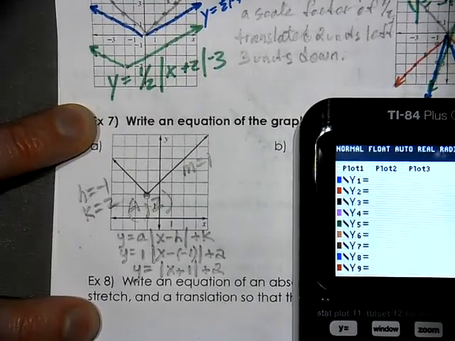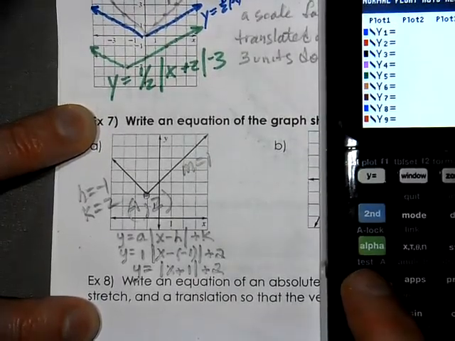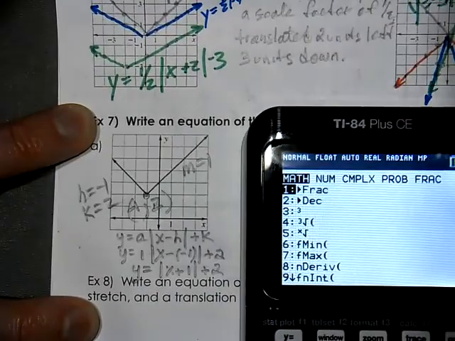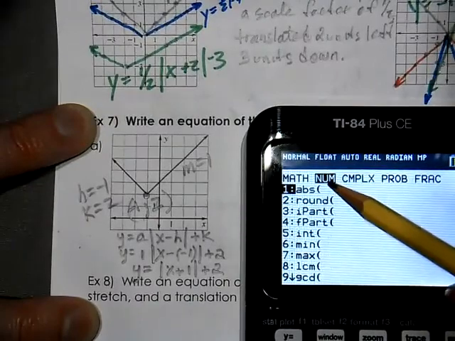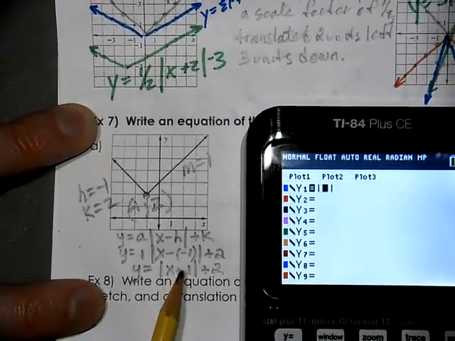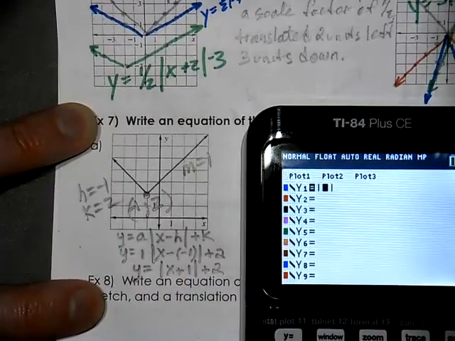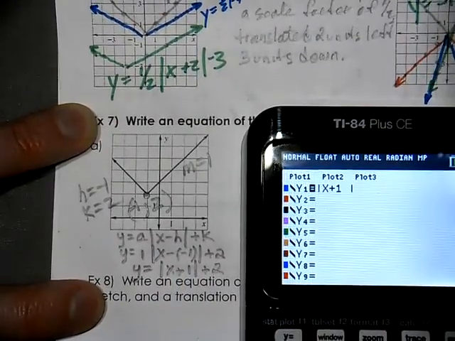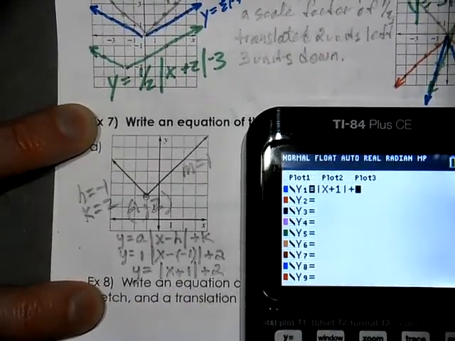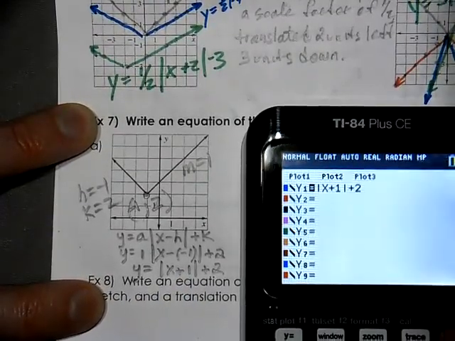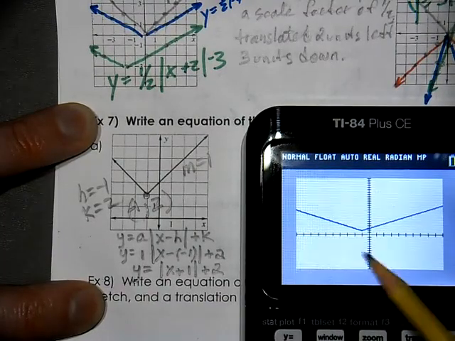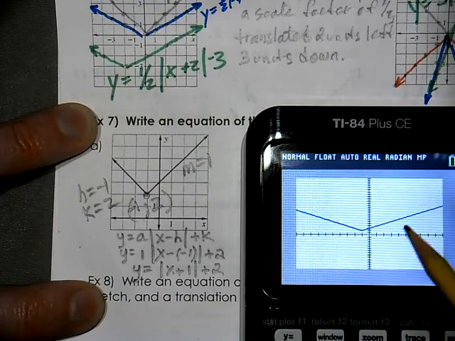There's a math button on your graphing calculator, and that gives you this menu, and you arrow over to get to number, so you see absolute value and hit enter. You can type in what you think the equation is, x plus 1. Then we move over to type in the plus 2. Hit your graph, and you'll see a wide graph.